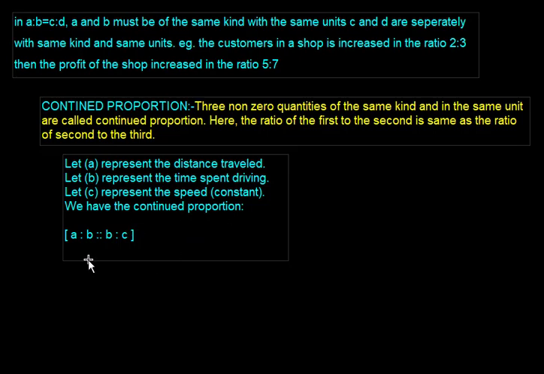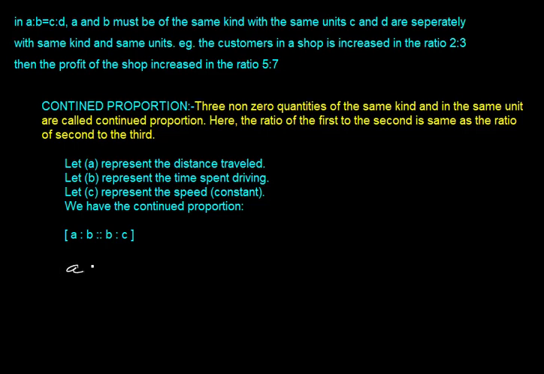When we have the continued proportion here, A is to B equal to B is to C. It is also read as A is to B as B is to C. The second term, that is B, is called the mean proportion between A and C.